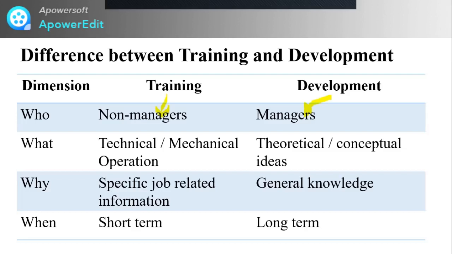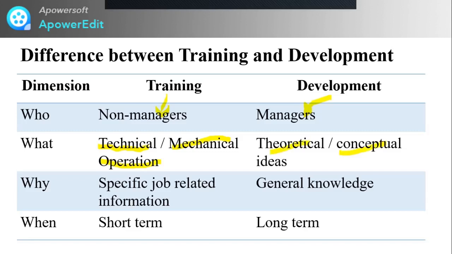What? Under the training program, we cover technical or mechanical operations: how to operate the machine, how to replace a part of the machine, how to handle the telephone and telephone conversations, the technical matters. But through development, we try to develop theoretical or conceptual ideas.